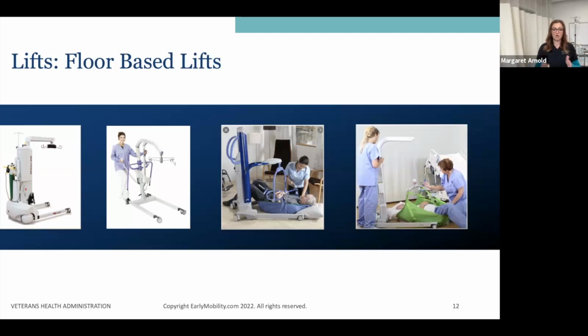Some of them go in and out with a spreading motion. Others go in and out with a lateral movement of the whole base. Look at your spaces, bring your lifts in, and this goes for all floor-based lifts, not just your full body lifts, but your sit-to-stand lifts, whether they're powered or non-powered as well.